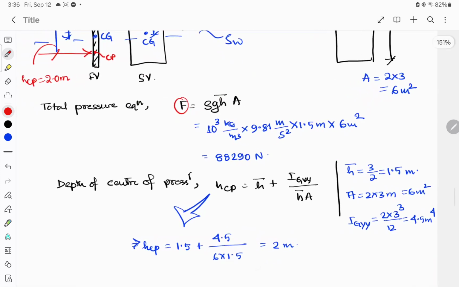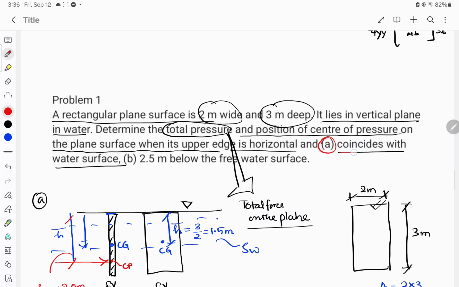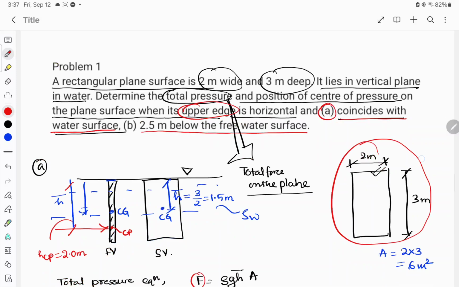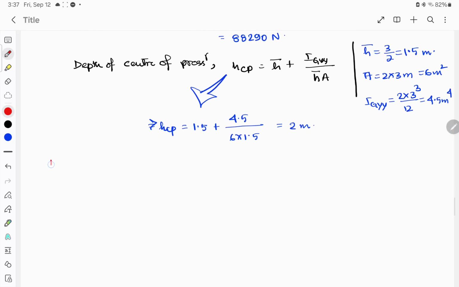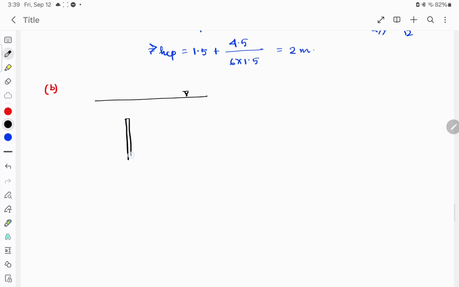Now our next question. The first question was, it coincides with the water surface. This particular rectangle was coinciding with the water surface. Now the upper edge of the surface is 2.5 meter below the free water level. So now the diagram, this is a simple diagram of the whole arrangement.